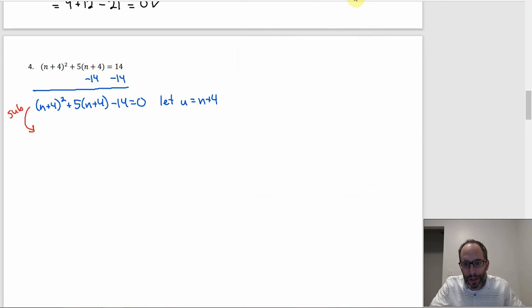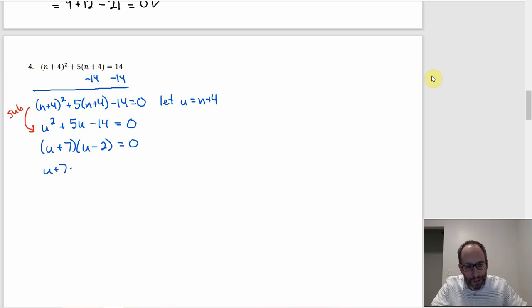All right, and then if we do that, then we're going to end up with u squared plus 5u minus 14 equals 0. And that's factorable. Right, a pair of factors of negative 14 that add up to 5 are going to be 7 and negative 2. So u plus 7, u minus 2 equals 0.